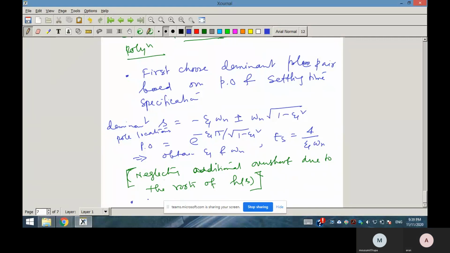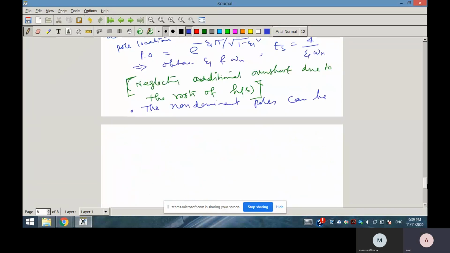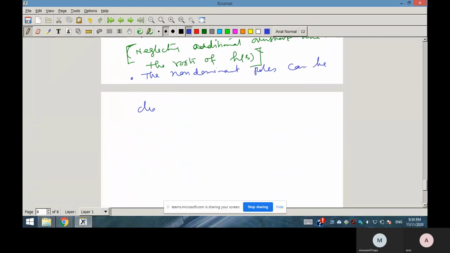So this is about the dominant pole, and then choose the non-dominant pole. The non-dominant pole can be chosen 5 to 6 times away from the j omega axis. 5 to 6 times away from minus zeta omega n in the left half plane.